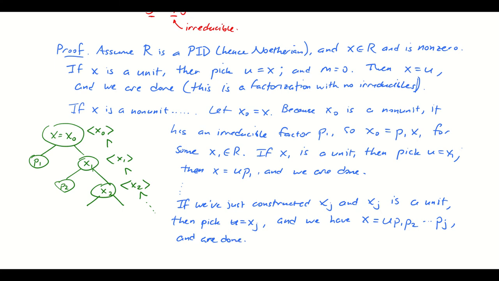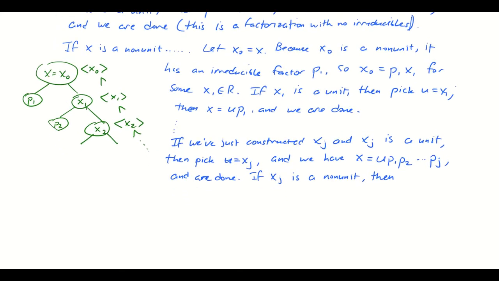That's great. If xj is a non-unit, well then, we know xj has an irreducible factor, which we will call p sub j plus 1.